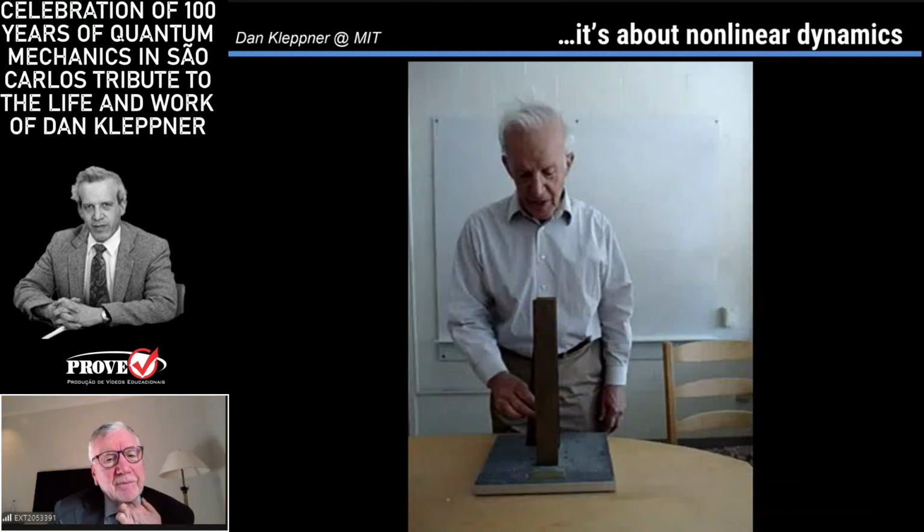So he repeated for me one of his lectures to the students of MIT. So this is another important characteristic of Dan, that he really was a professor. I mean, an extraordinary teacher who created, in this case, this artifact to show the instabilities, dynamical or not, the chaos, which can happen in a double pendulum, simply depending on the initial condition.